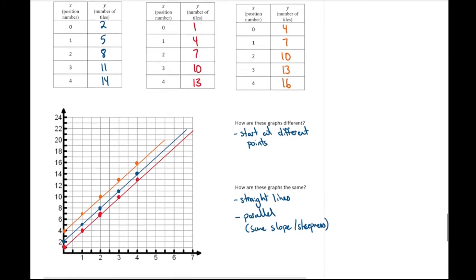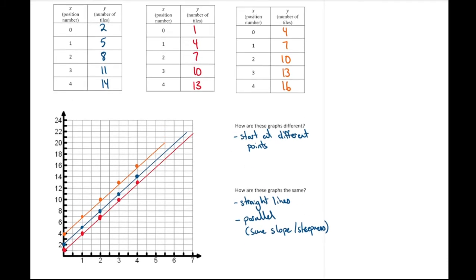The constant affects where it's starting. And where it's starting is along the y-axis. Remember, y is the vertical. And we've talked about before that the point where a line crosses the y-axis is called the y-intercept. So when they start at different points, that's saying they have different y-intercepts.